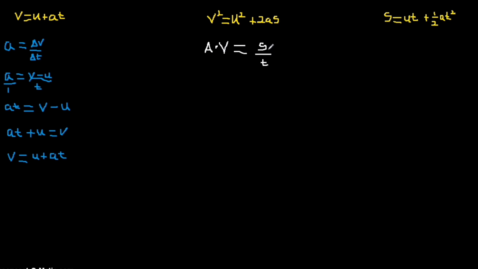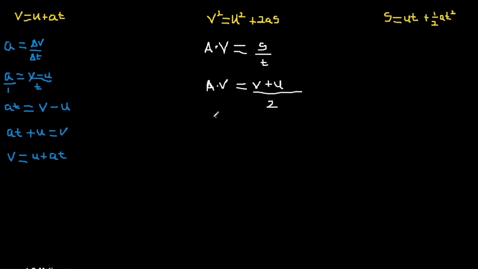The average velocity is also equal to the average of the two velocities, the final velocity plus the initial velocity divided by 2. Since both expressions give the same average velocity, mathematically these two are equal.